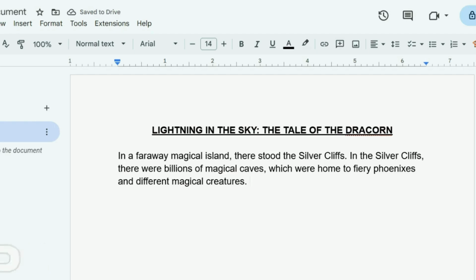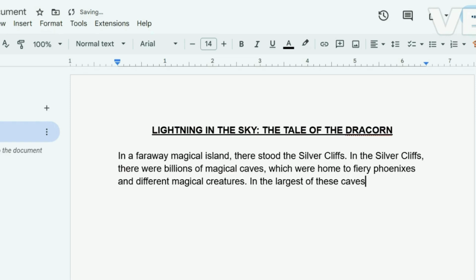So we should describe Dracon's place as a powerful and majestical place. Majestical means very powerful and like a king or a queen, very royal. See, in the largest of these caves. So Dracon lives in the largest cave. That means it's very big and powerful.